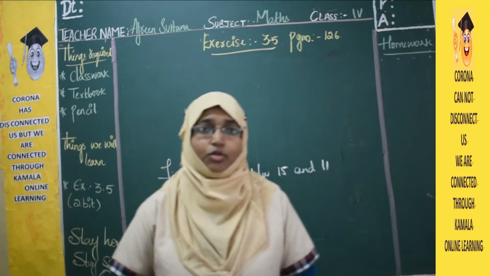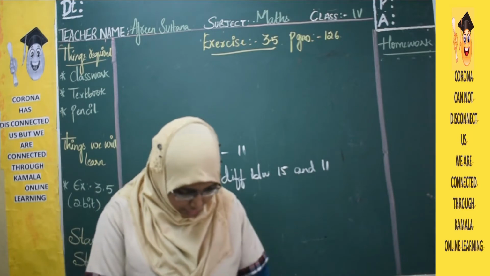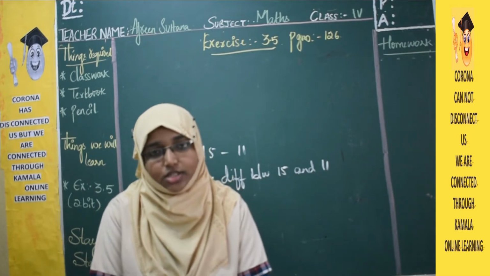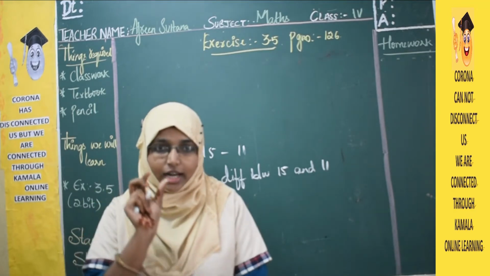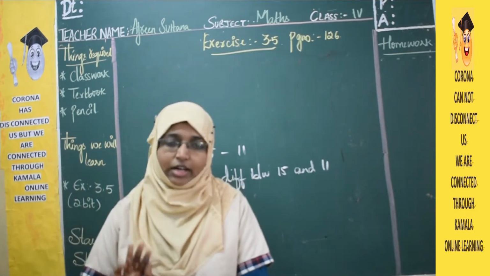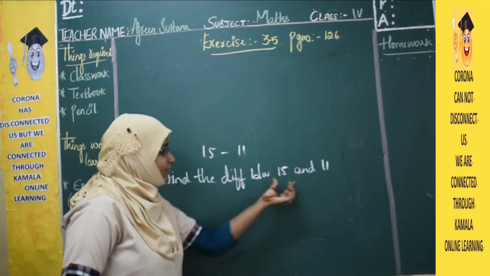Simply, we have to do only subtraction. In the first way, they had only given subtract 20,000 from 78,000. Yesterday we discussed, whenever the number comes after "from", that is our minuend, right? Now they have given the question directly, find the difference between 15 and 11.